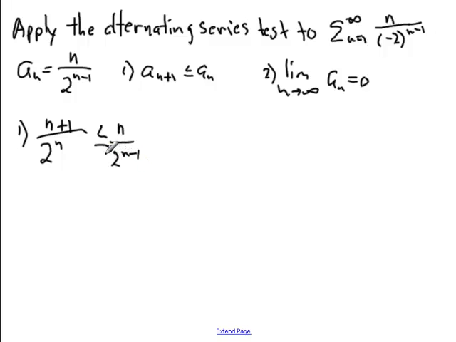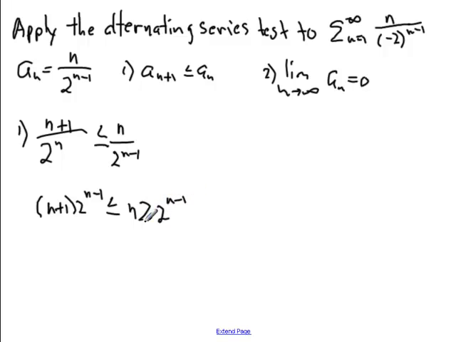So let's use cross multiplication here, and we're going to get n plus 1 times 2 to the n minus 1 less than or equal to, and on the right side we're going to get n times 2 to the n. But I'm going to write that as 2 times 2 to the n minus 1.